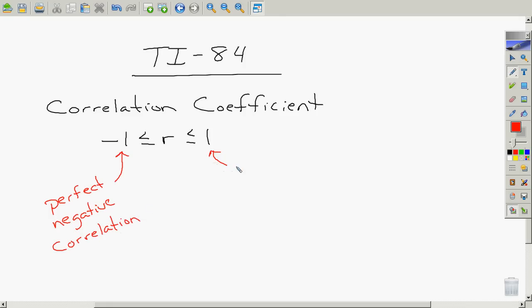If it's +1, that is a perfect positive correlation. If it's a 0 right in the middle, or even as it gets close to 0, 0 means that there's no correlation at all.